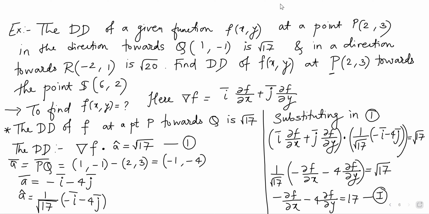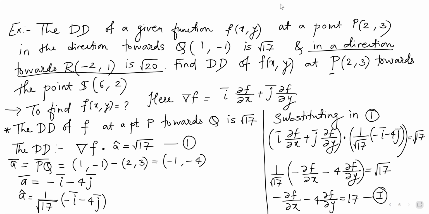Similarly, you get Roman 2 equation. Another thing that is given, the directional derivative towards R is root 20. So the second equation will be P to R, correct? This is our first equation.